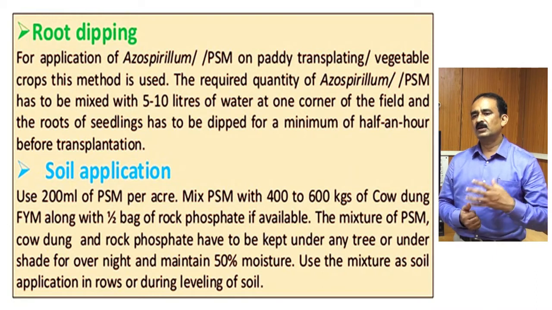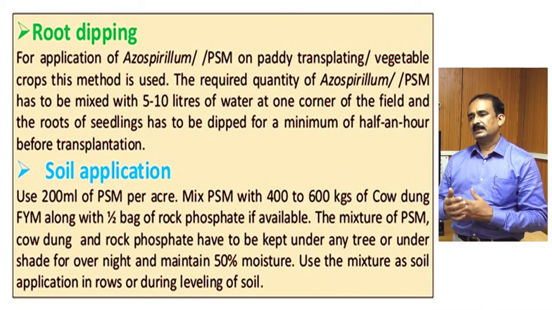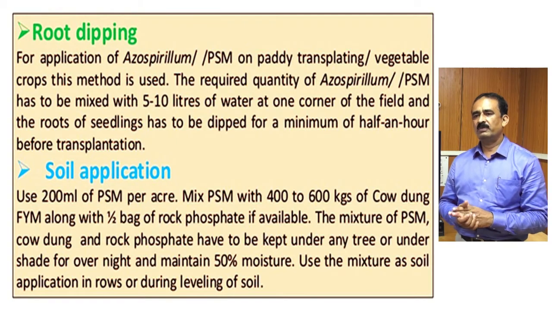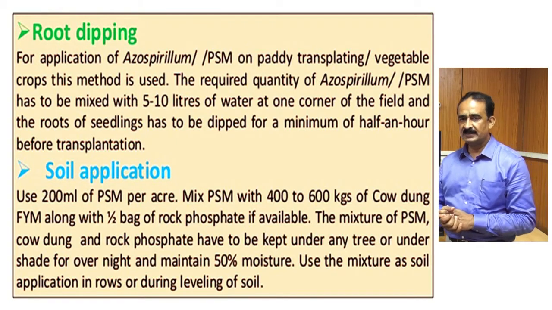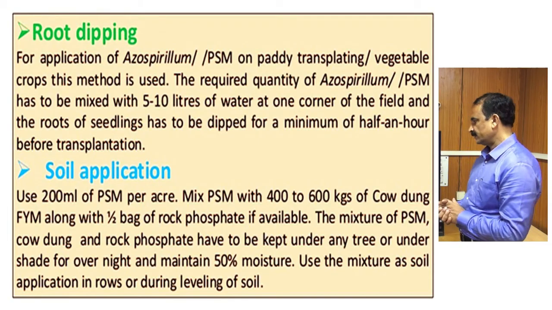If we apply with compost, FYM and others, these dormant cells start activity very fast, and it takes about 12 to 15 hours. Then after activation of the cyst cells, you can apply in the field.